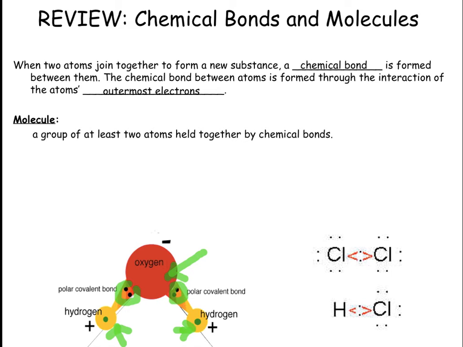And what happens is that these electrons will move back and forth in the areas here between the two atoms. And that movement of the electrons back and forth keeps these atoms attracted to each other. You can see the same thing here between these two chlorine atoms. What's keeping them together is the electrons, and between this hydrogen and chlorine atom as well.